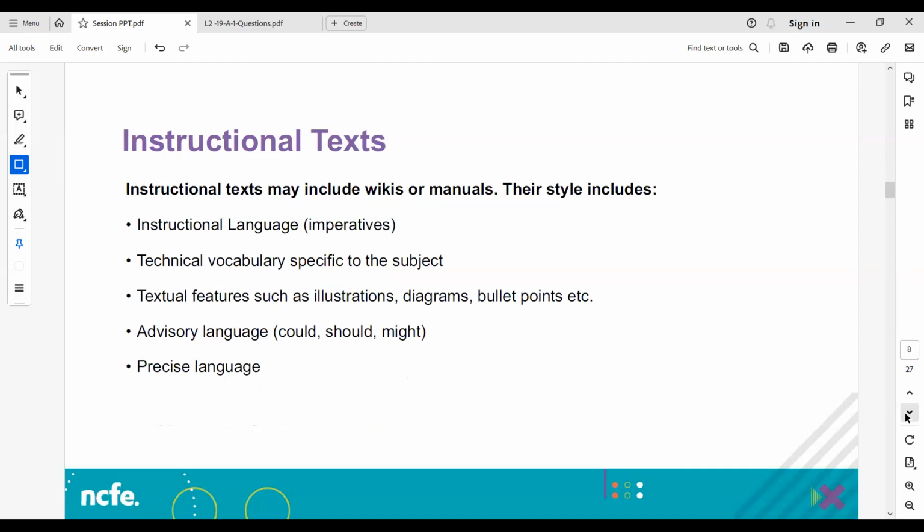So instructional texts, again, we've looked at this previously. A common example given would be a recipe is an instructional text. It could also be instructions to build some furniture. You bought a wardrobe or some drawers and you need to build them at home. You might have instructions. Could be a game that you're going to play.